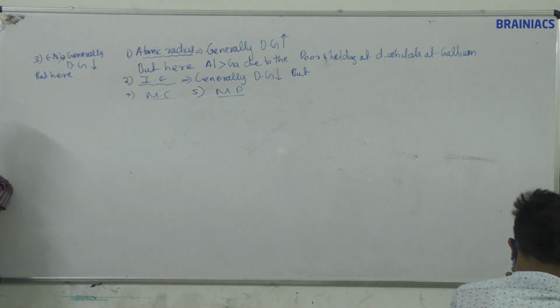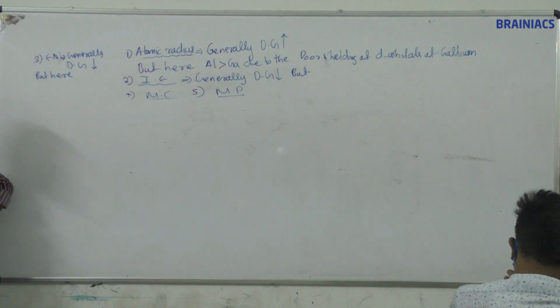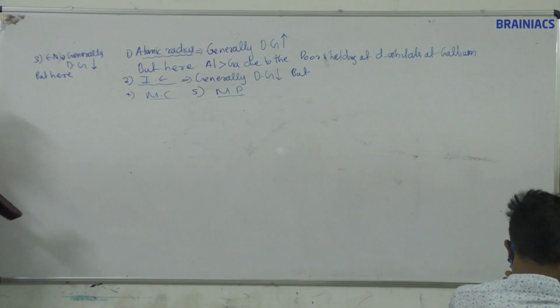So gallium has a low melting point, but it has a high boiling point, so it is used to measure high temperature in a high temperature thermometer.